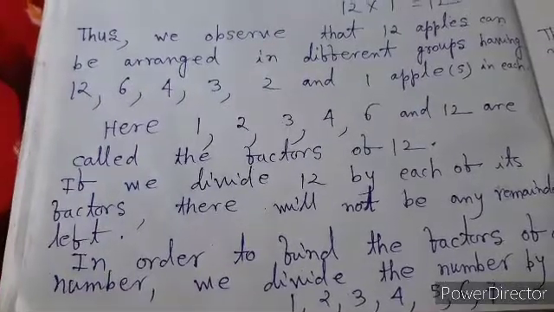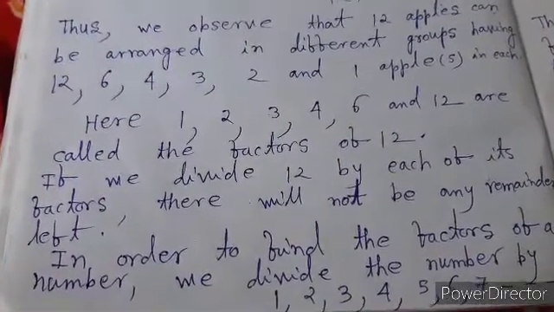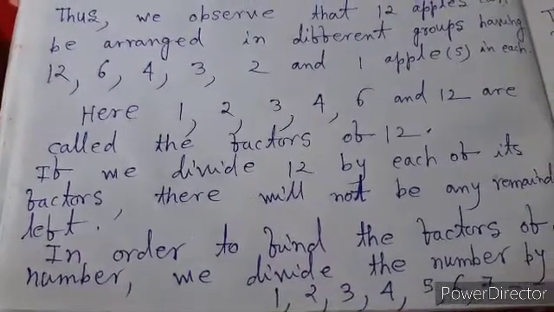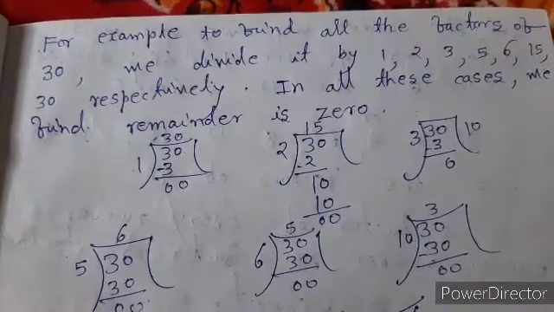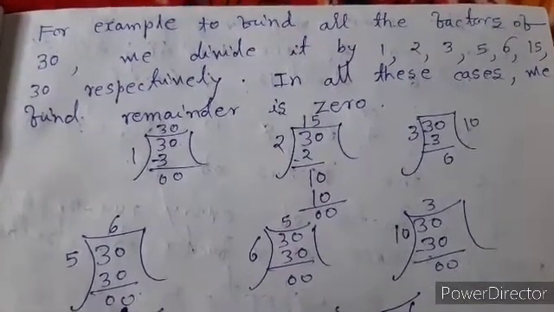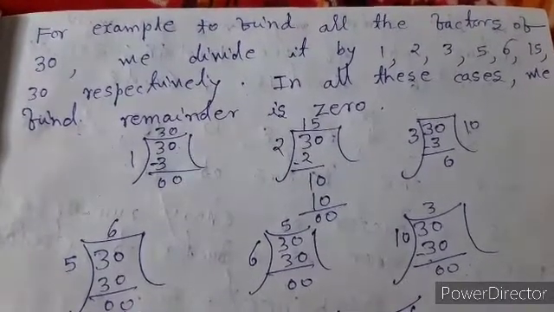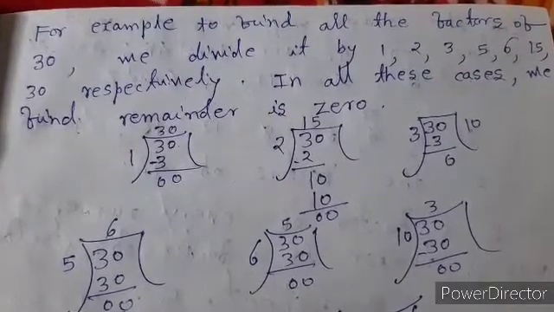In order to find the factors of a number, we divide the number by 1, 2, 3, 4, 5, 6, 7 and so on. For example, to find all the factors of 30, we divide it by 1, 2, 3, 5, 6, 10, 15 and 30 respectively.